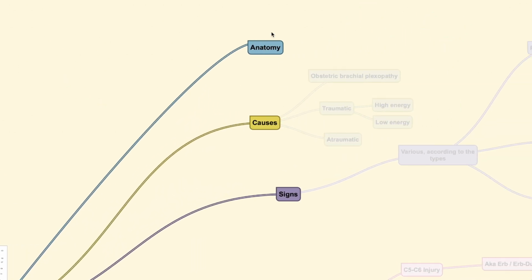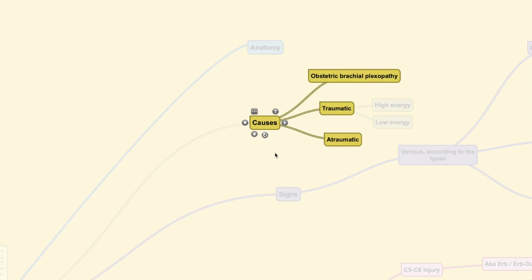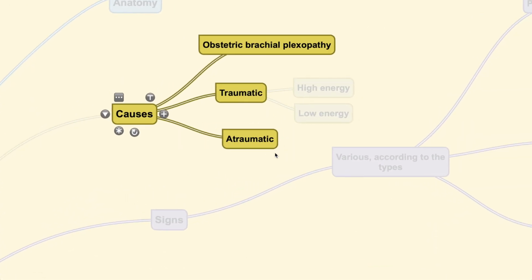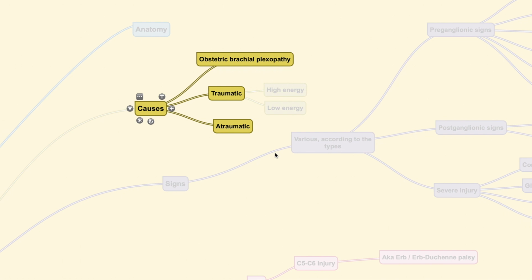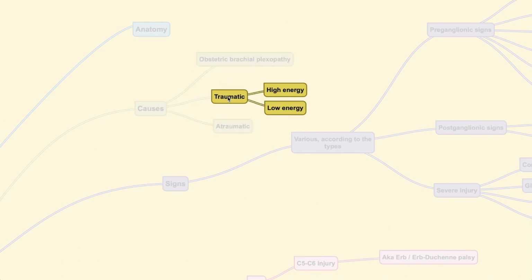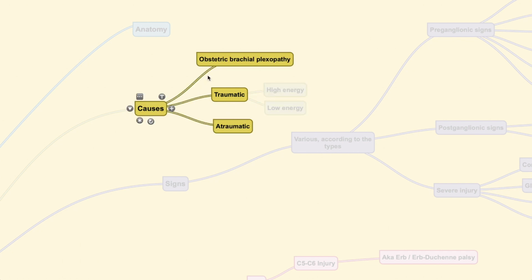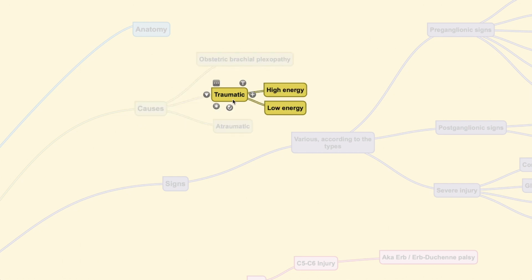Now, after you know the anatomy, the brachial plexus injury could be caused by many causes, but I basically would like to remember it as these three basic types: the obstetric brachial plexopathy, which occurs in the pediatric population, or those brachial plexus injuries that are traumatic in nature. For the traumatic type itself, it could be caused by a high energy or a low energy type of incident.